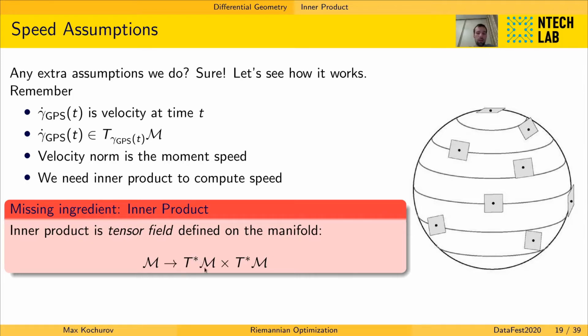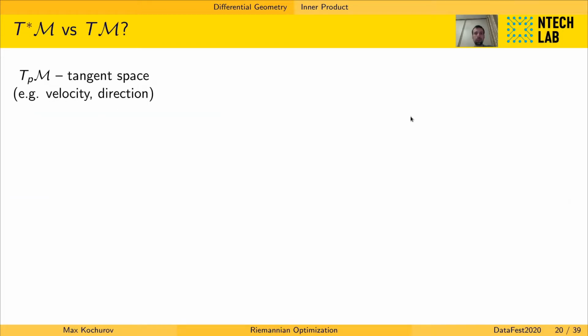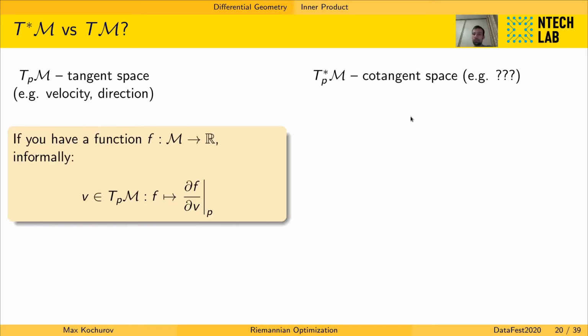Without a star, it's a vector. But what is this tensor field? What are covectors? So what is the tangent space and the cotangent space? The tangent space is something we already discussed. It consists of velocity vectors, directions, but the cotangent space is not that tangible.